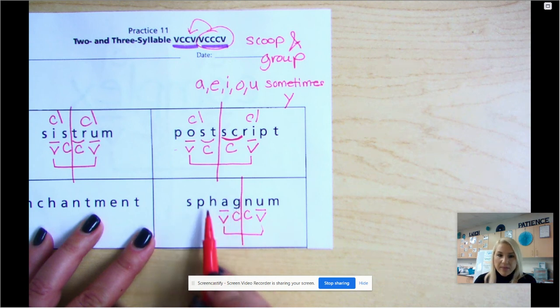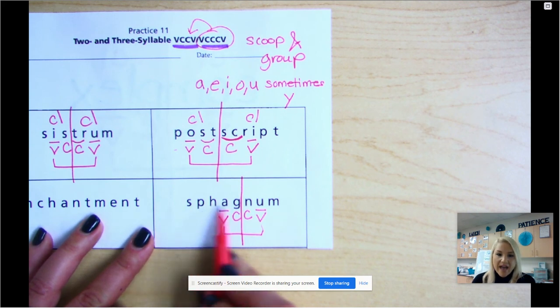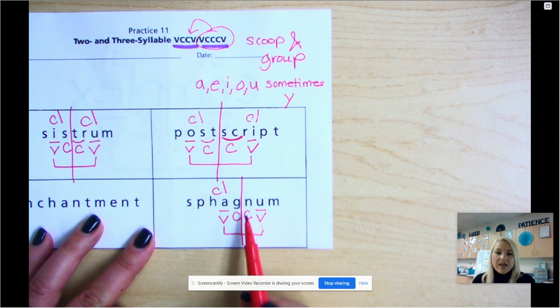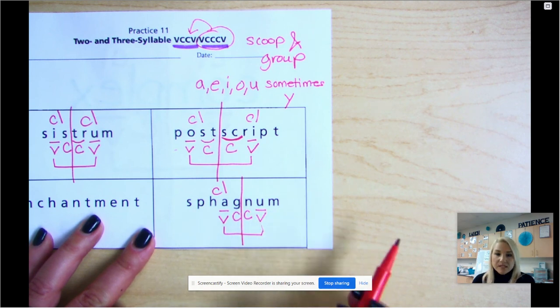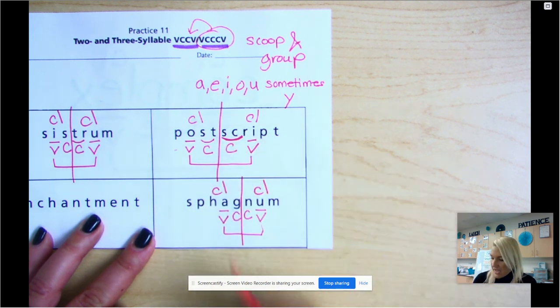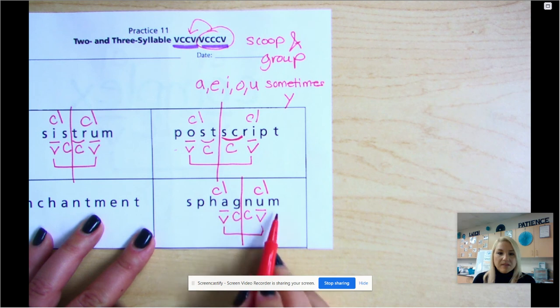Okay, so that PH sound makes an f sound. Ag. I hear a, which means it's not an open syllable, which means it's closed because it's not saying its name. And then I have num. That's a closed syllable because it's not saying you. So I have sphagnum.